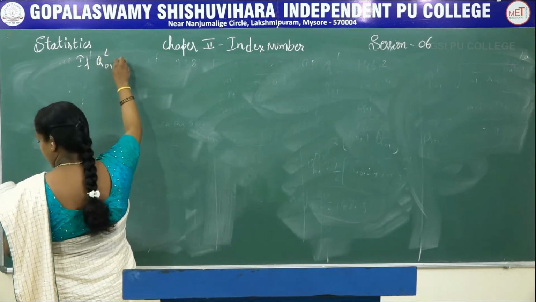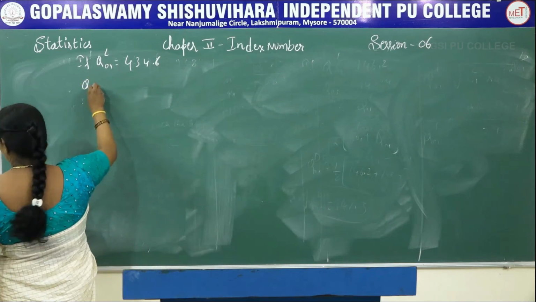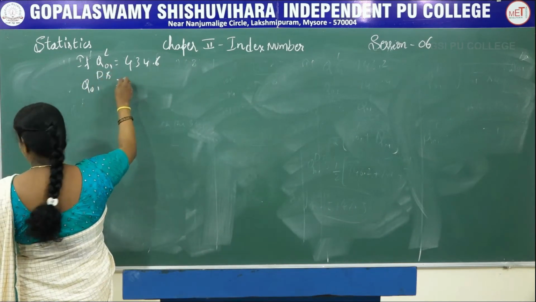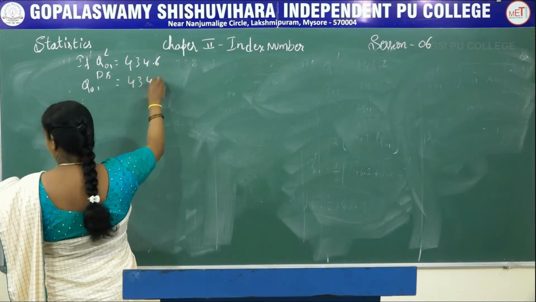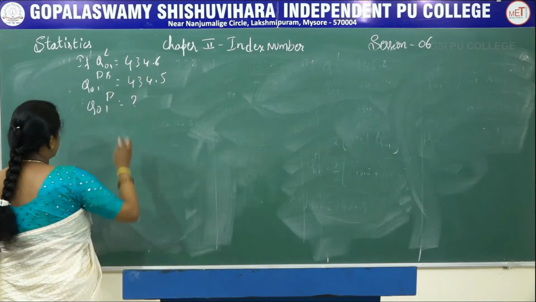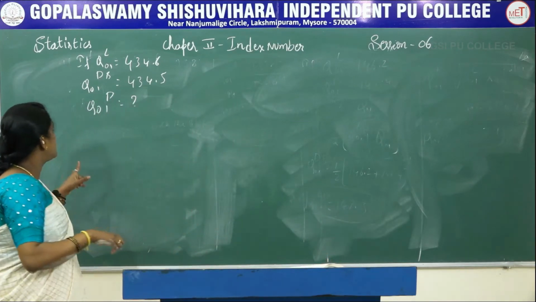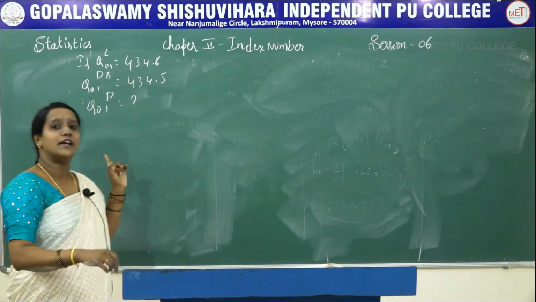Q01 of Laspeyres is 434.6. Q01 of Drobisch-Bowley is 434.5. Find Q01 of P. So they have given Drobisch-Bowley and the Laspeyres. We have to find Paasche's.